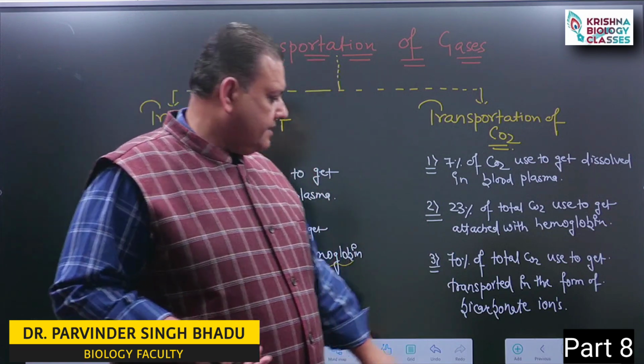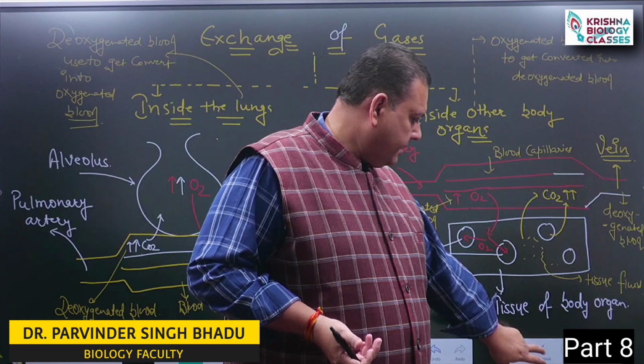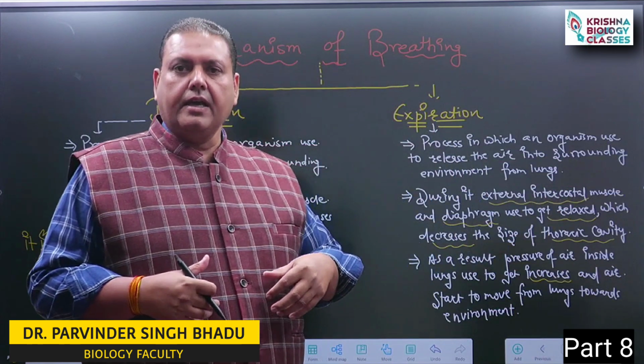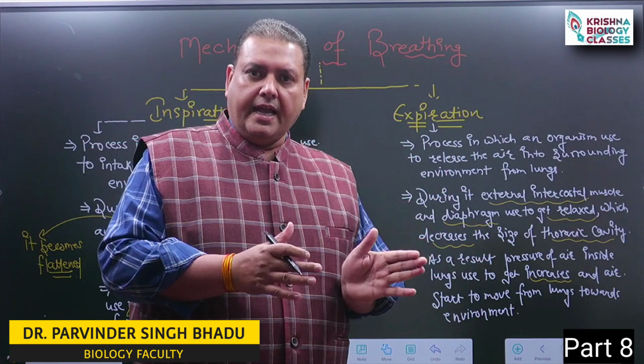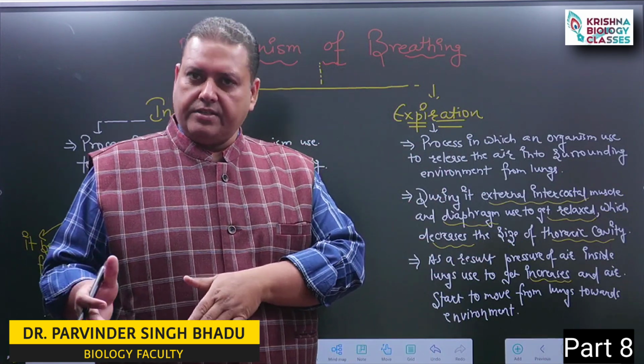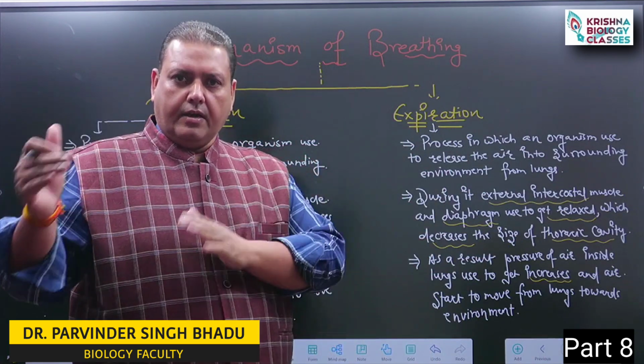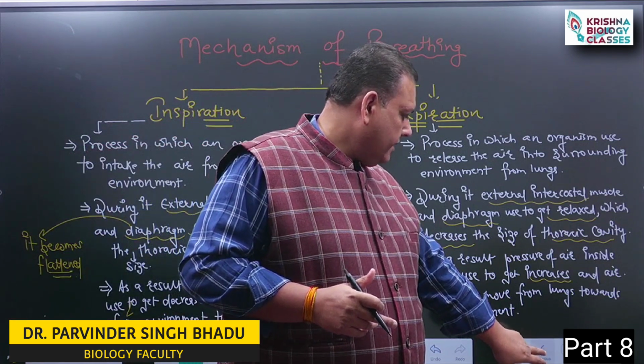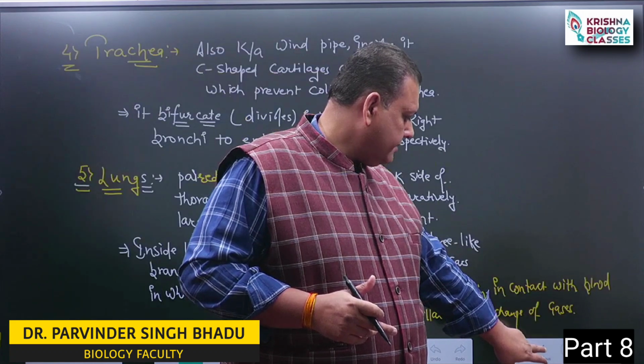And the last step is cellular respiration. Now, we breathed the air, then this air gets exchanged inside the lungs, gets transported, and reaches inside the cells. Inside the cells, what happens?